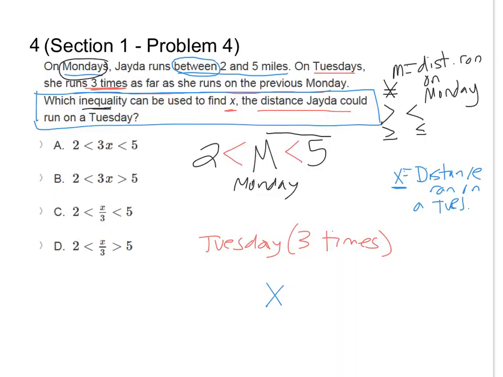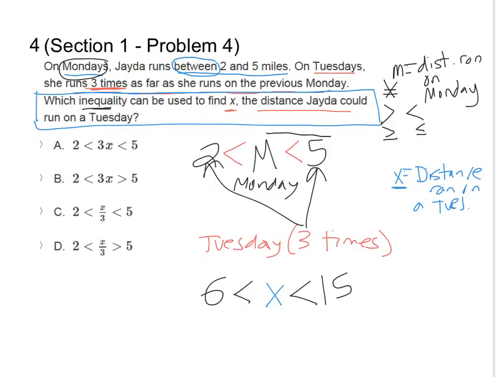So x is how much she ran on Tuesday, and we said it has to be 3 times more. So I'm going to take the 2 and multiply by 3, and I get 6. And on the other side, I'm going to take 5 times 3, which is going to give me 15. So on Tuesday, she had to run more than 6 miles, but less than 15 miles.